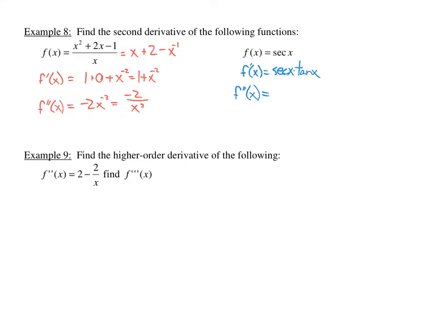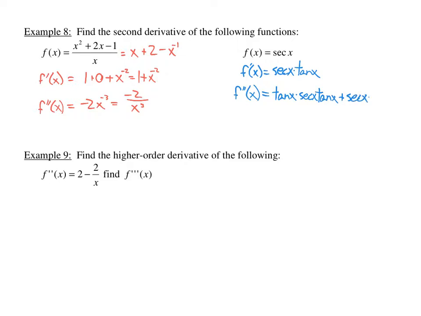So, the second one times the derivative of the first, which we already know is secant x tangent x, plus the first times the derivative of the second.